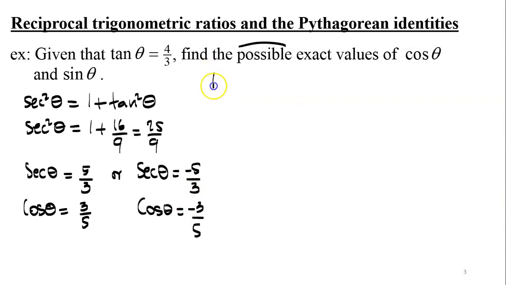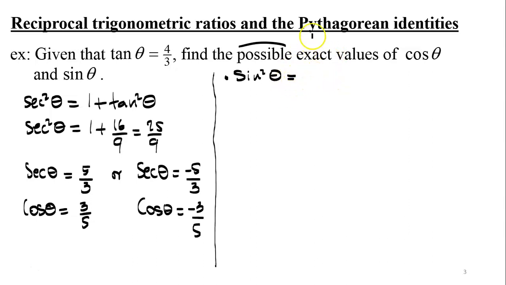Now I need to deduce sine. Okay, so since I already have two possible values of cosine, using the main Pythagorean identity, I could deduce two possible values of sine as well. However, using the main Pythagorean identity, cosine would be squared, so you'd notice the negative is irrelevant here.